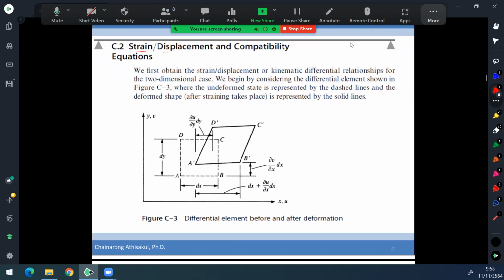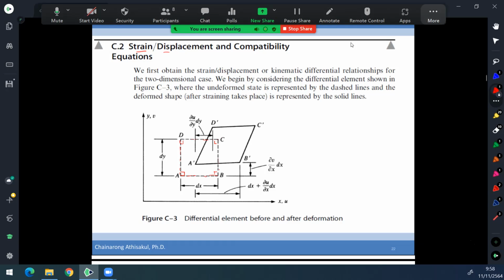Consider the plate that is deformed like this. The dashed line is the undeformed shape. You see that the angle is 90 degrees at each side. But when it is subject to force, it may have the deformation like the dark solid line.